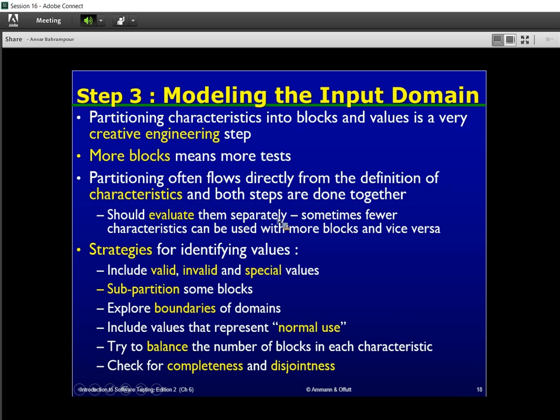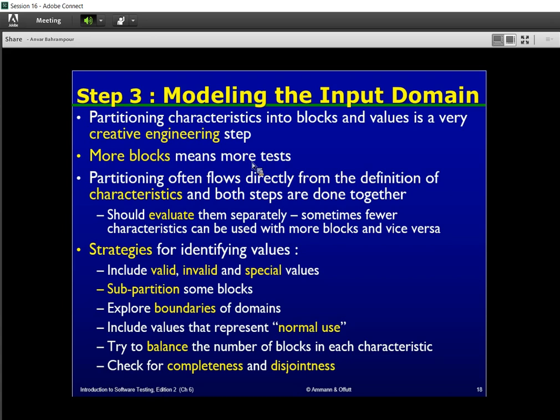Both steps are done together, and we should evaluate them separately. Sometimes fewer characteristics can be used with more blocks and vice versa. There is a trade-off between the number of characteristics and the number of blocks. More characteristics means more tests, and more blocks also means more tests.